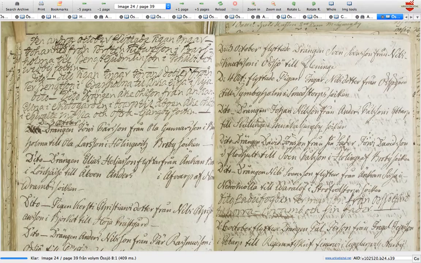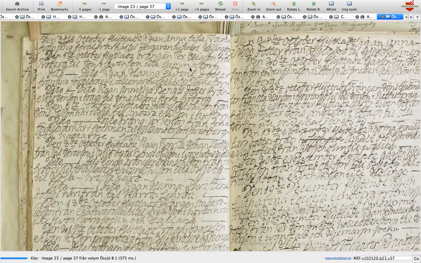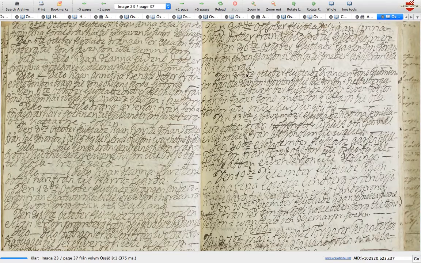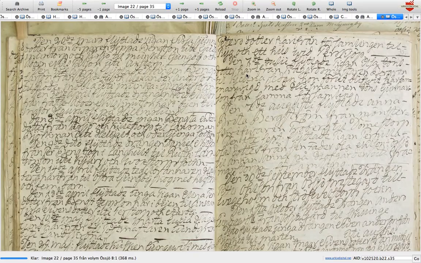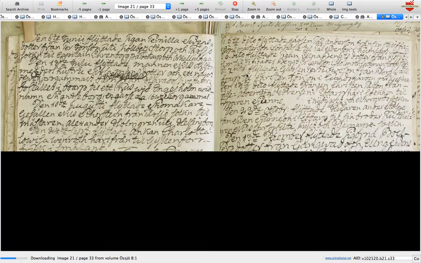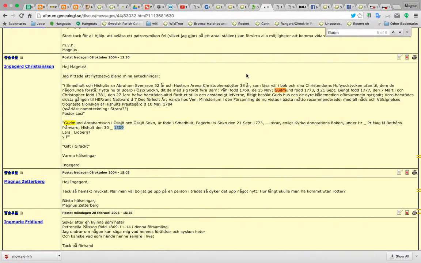October up here. 28 October. Oh. 1809, 30th. The bad thing is they don't add a source. But it should end with 1809.